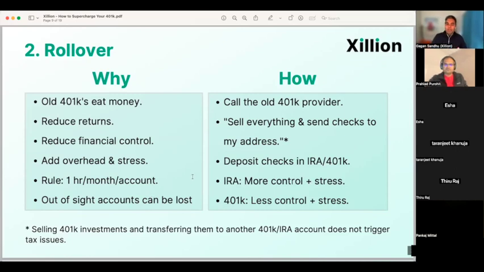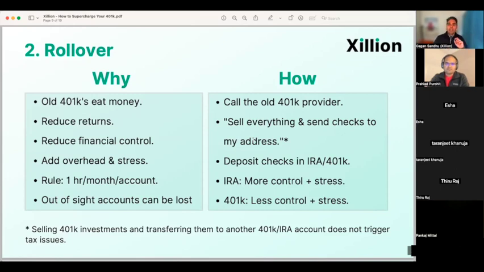So I highly recommend, if you have any old 401ks, roll them over today. Literally today, right after this call, you roll them over either into your existing 401k, which is what I recommend for most people, or you can create a new IRA account and move everything over to that. Super easy. How easy is it? Literally call the old 401k provider, tell them to sell everything and send the checks to my address.